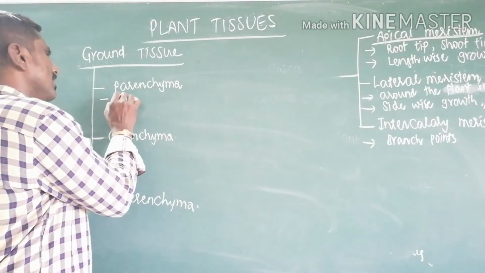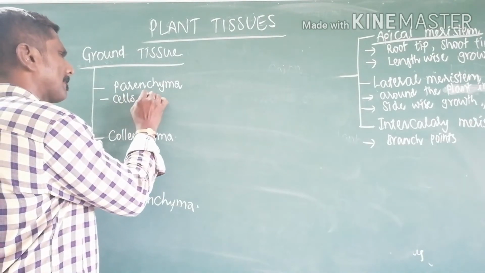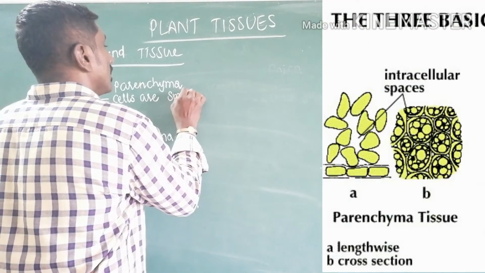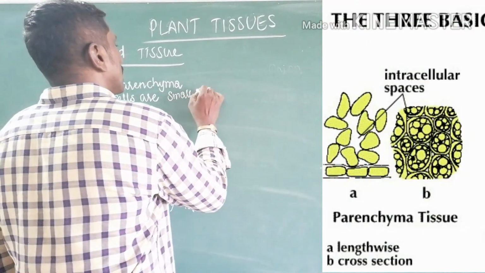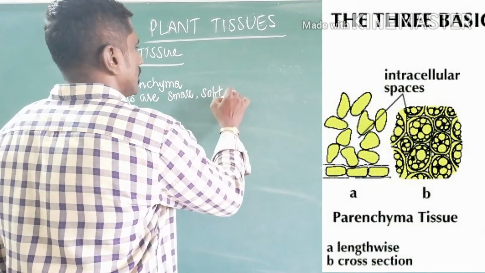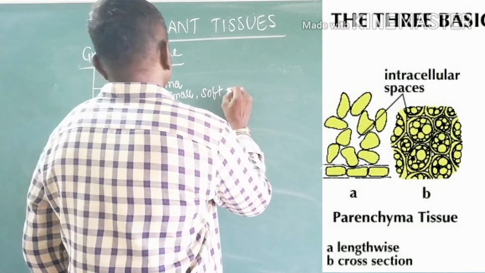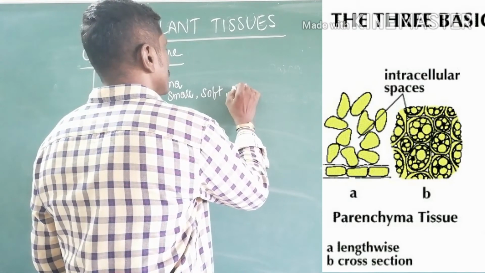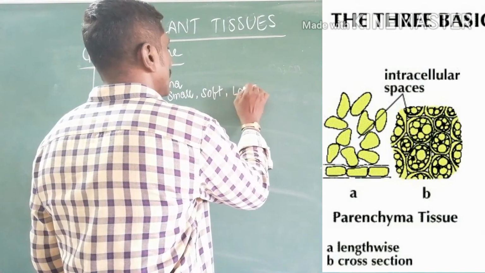In the first one, the cells are small and soft, and loosely packed.